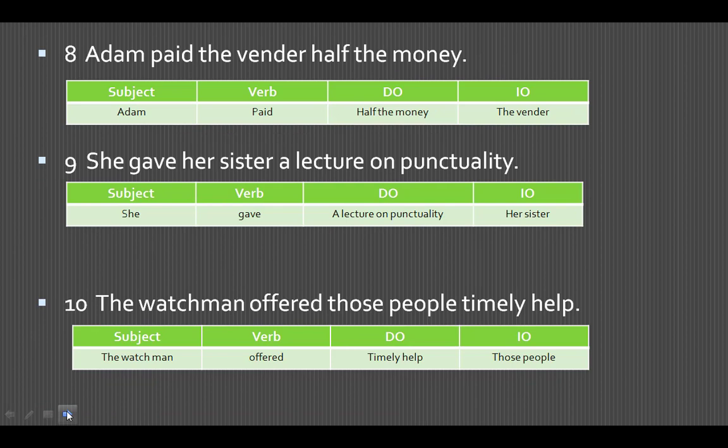In the eighth sentence: Adam paid the vendor half the money. In this sentence, Adam is the subject, paid is the verb, half the money is the direct object, the vendor is the indirect object.